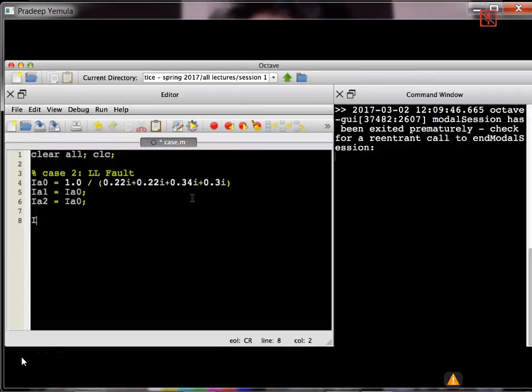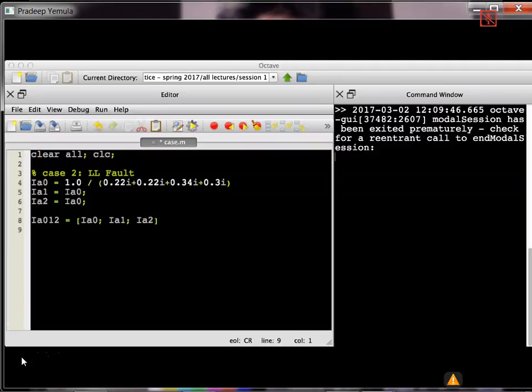Then IA012 equal to IA0, IA1, IA2. And once I have this, then what I can do is define the A matrix.